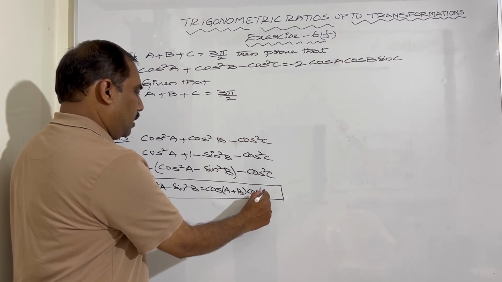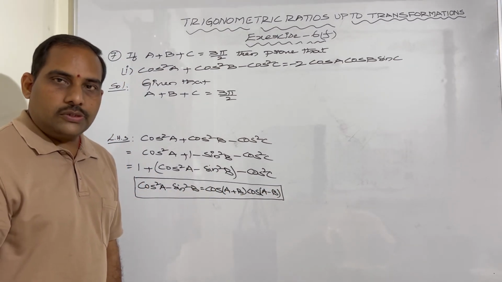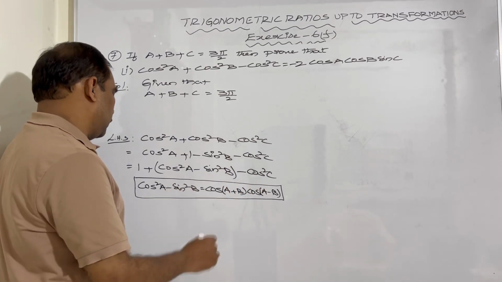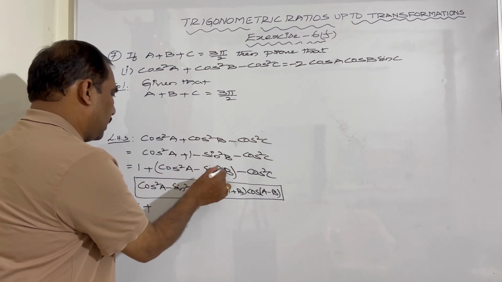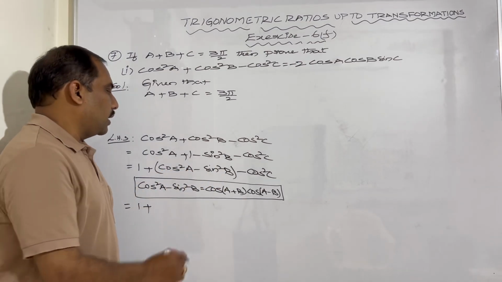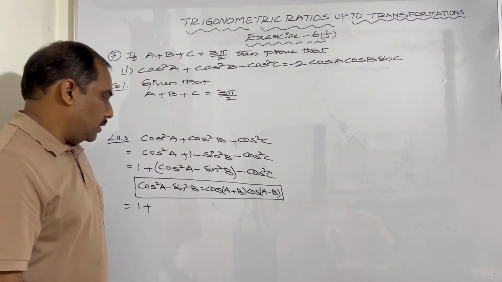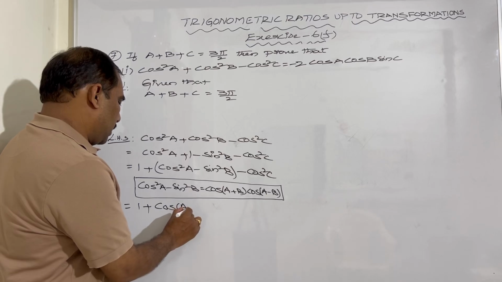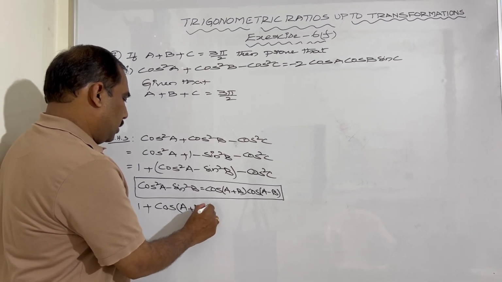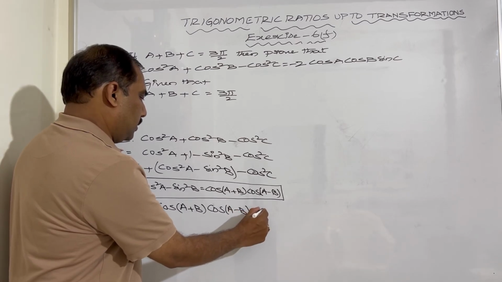So I considered cos square a minus sin square b as one term, and it is replaced by cos a plus b into cos a minus b, minus cos square c.